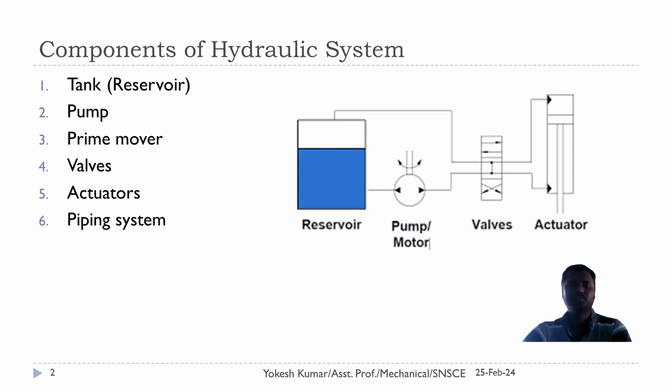The first and foremost component is the reservoir. A reservoir is a tank which is used to store the fluid under atmospheric pressure in the hydraulic system. This circuit explains how the fluid power system components are connected together to form a circuit to get the mechanical advantage.